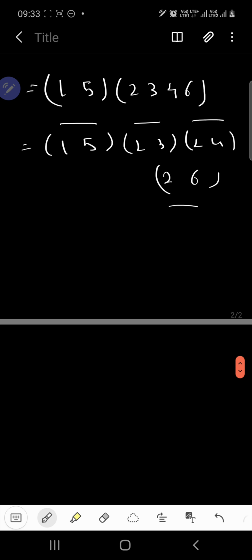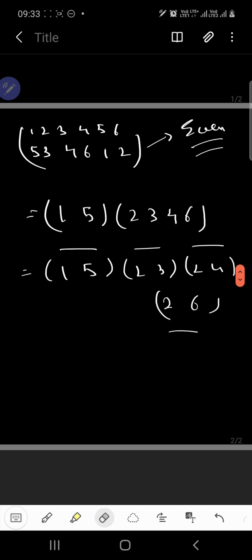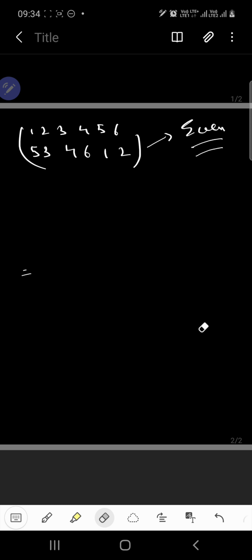Now suppose we would have had the same example, just we change it a little bit. Let's say this 4 does not change, 3 changes to 6. So what will the new product of transpositions be?